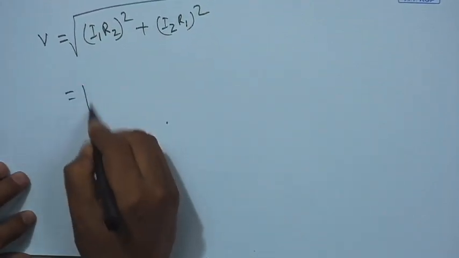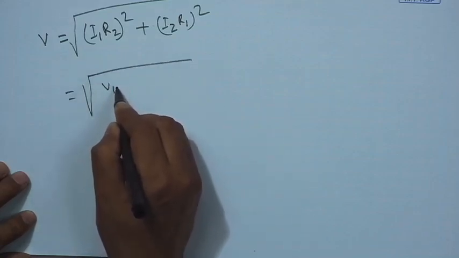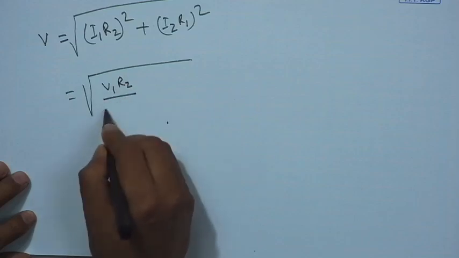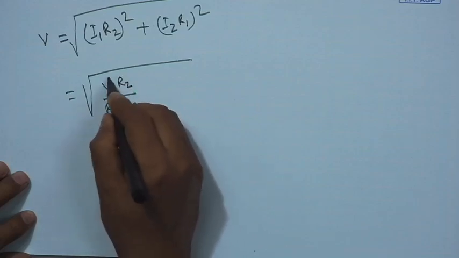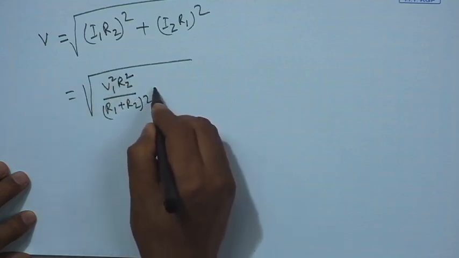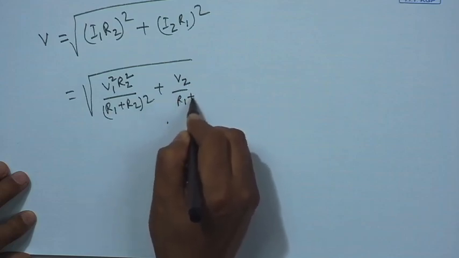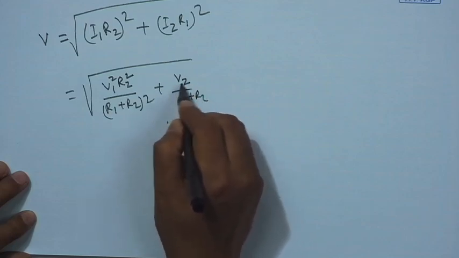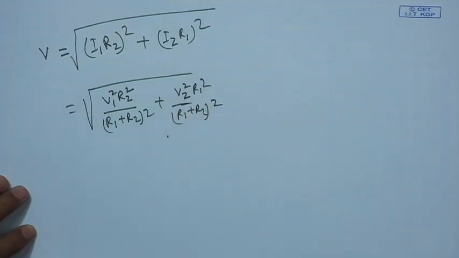So what is I1? It is nothing but V1 into R2 divided by R1 plus R2, so V1 square R2 square divided by R1 plus R2 whole square. I2 is nothing but V2 by R1 plus R2, so this is V2 square R1 square over R1 plus R2 whole square.